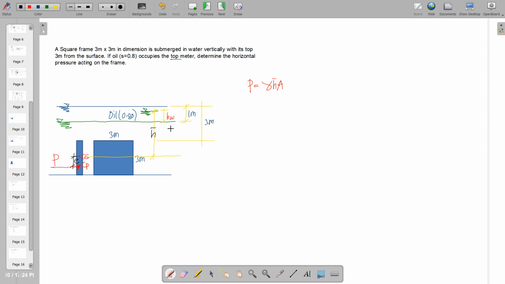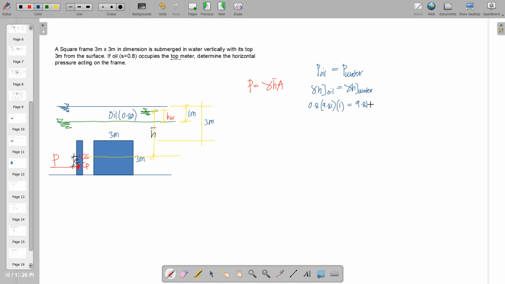First things first, we need to compute that equivalent head of water where the oil occupies 1 meter. So we equate the pressure caused by oil to the equivalent pressure caused by water. Then we have gamma h of oil equals gamma h of water. Gamma for oil is specific gravity 0.8 times 9.81, times the head occupied by oil, 1 meter.